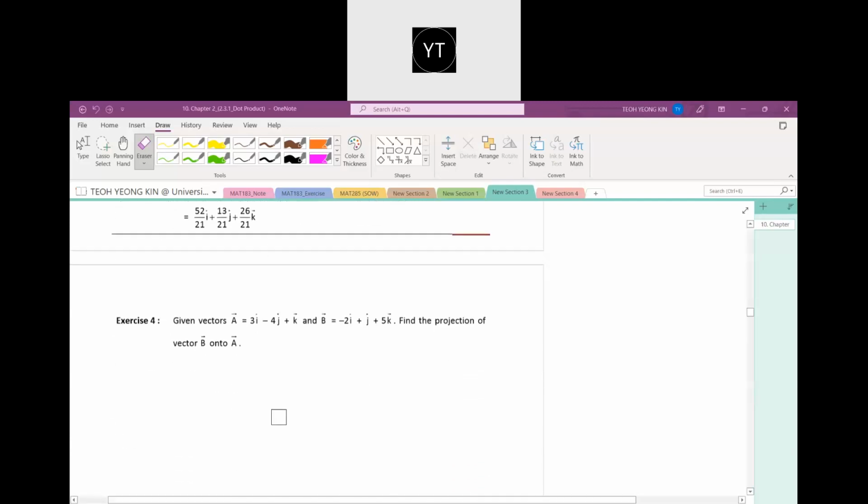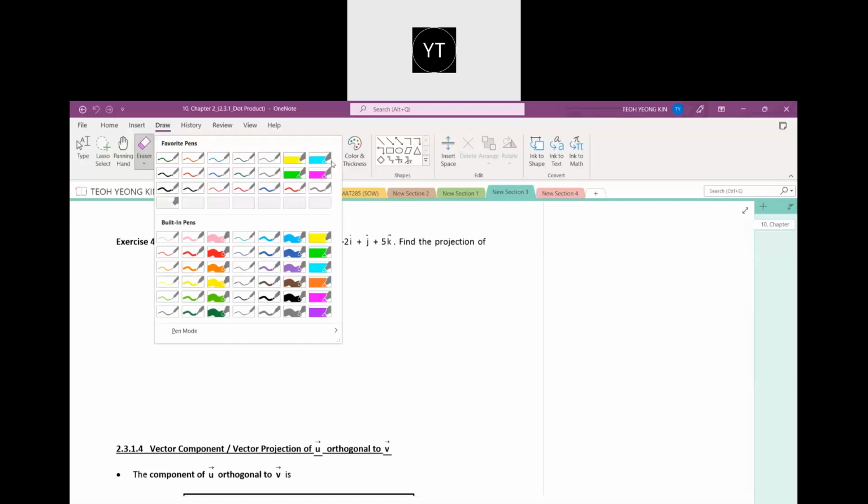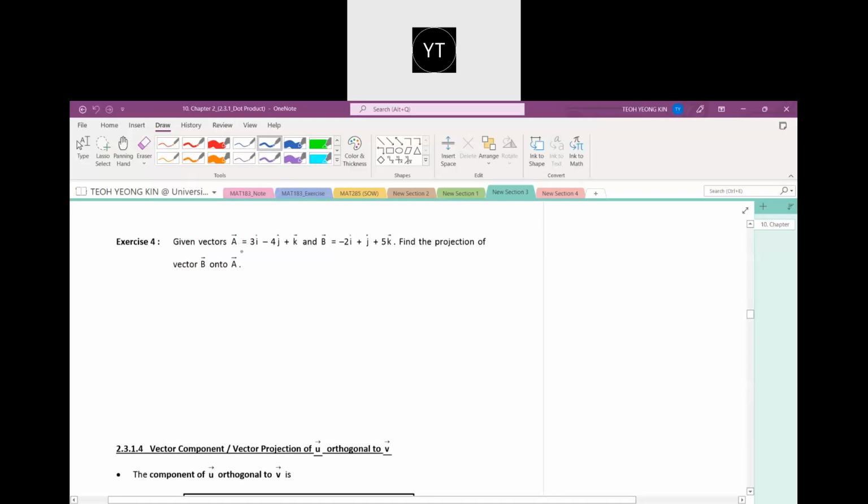So if we look at this exercise, given vector A and vector B, find the projection of vector B onto vector A. Basically what we do is start by changing vector A and vector B into coordinate form.